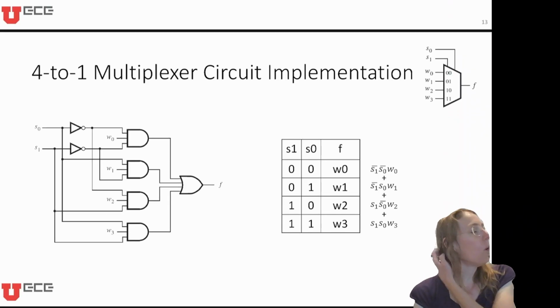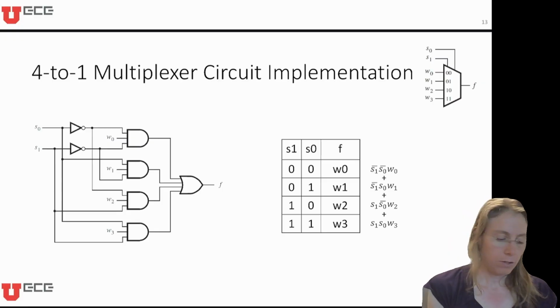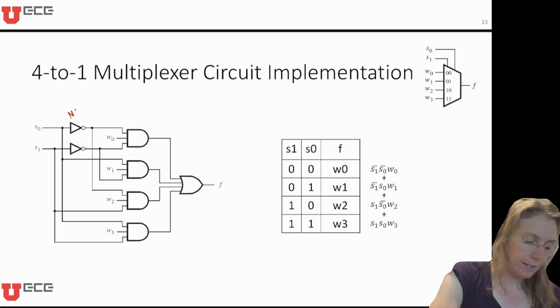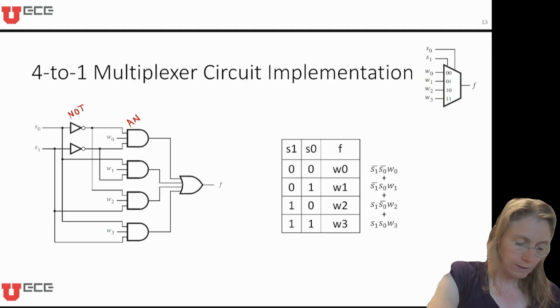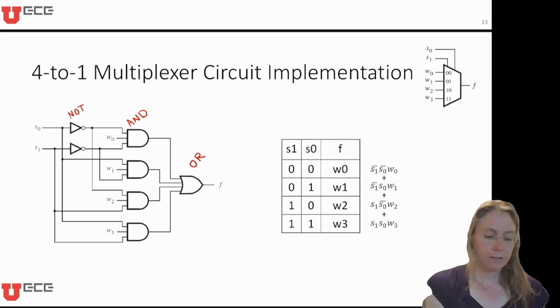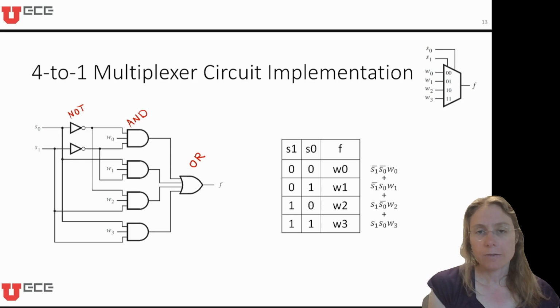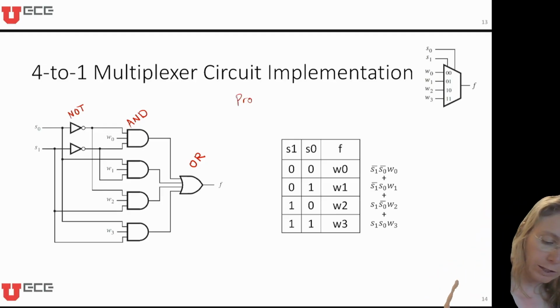I'm not necessarily going to work through the whole details of this circuit, but I think what is important to notice here is kind of an order coming about. Notice that they first have NOT gates, then they have AND gates, and then finally they have OR gates here. And the reason they do that is because of the way we've been formulating our Boolean expressions. In the last video, we learned about product of sums, right?